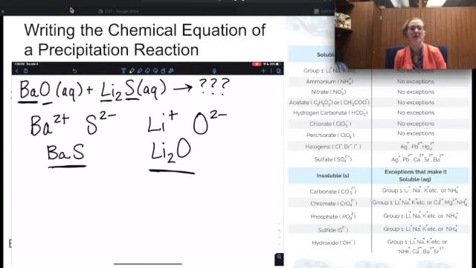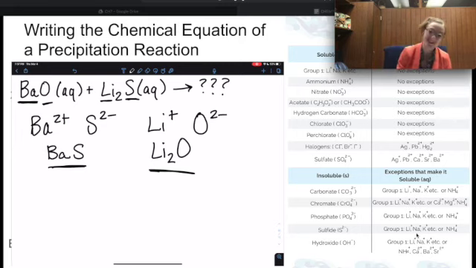Now we need to determine if they are soluble in water or not. So we're going to go ahead and check our handy-dandy chart. I'm going to start looking for barium or sulfide down here. Sulfide is usually insoluble unless it's with group 1 or ammonium.